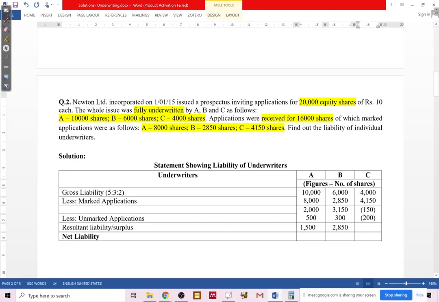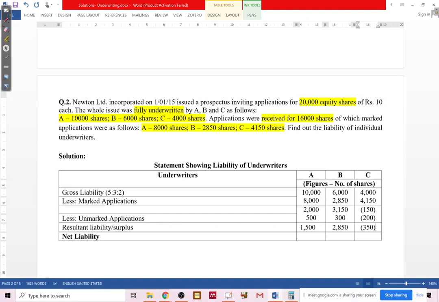Now I have put the negative bracket here to show that it's a negative, but actually since it is already saying less, we don't really need to show the bracket, right? But just to make it simpler for you and to avoid confusion, I'm putting a bracket here to show that it's a negative. Okay, so negative 150 minus 200. How much does it become? So this will be negative 350.